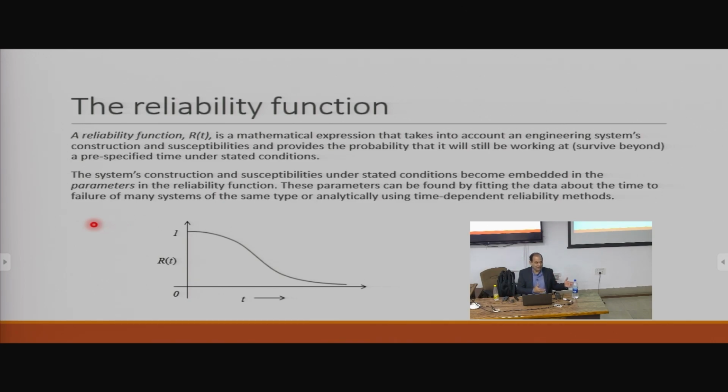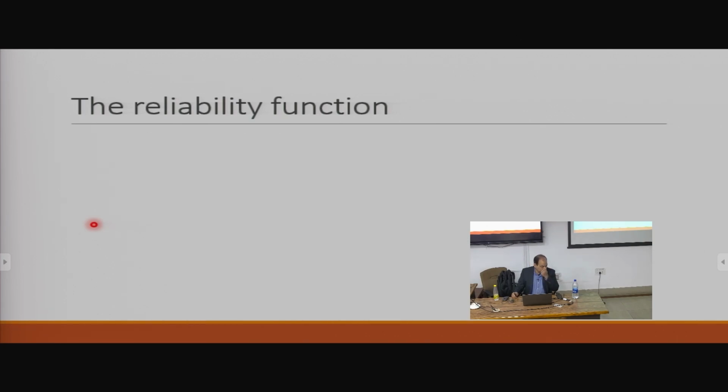You can collect data or you can actually predict probability of failure at a certain time using time-dependent reliability methods. I've worked quite a bit in the past on time-dependent reliability. Anybody who's interested in learning more about that, we can talk offline or you can send me an email. Okay, so as expected, this function is non-increasing, and for most products, it decreases monotonically, okay?